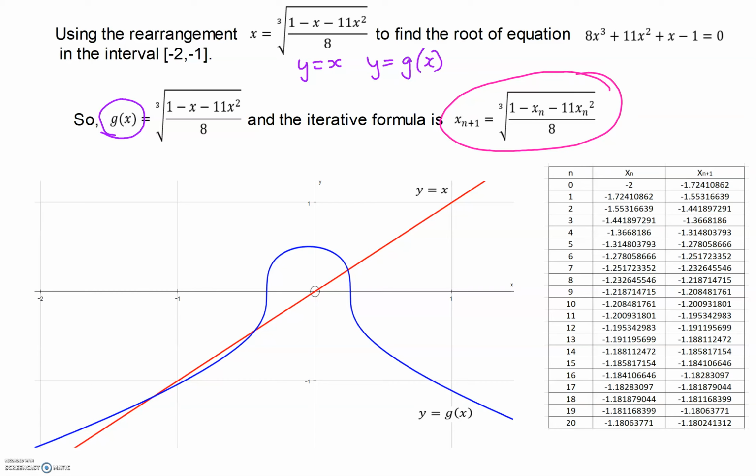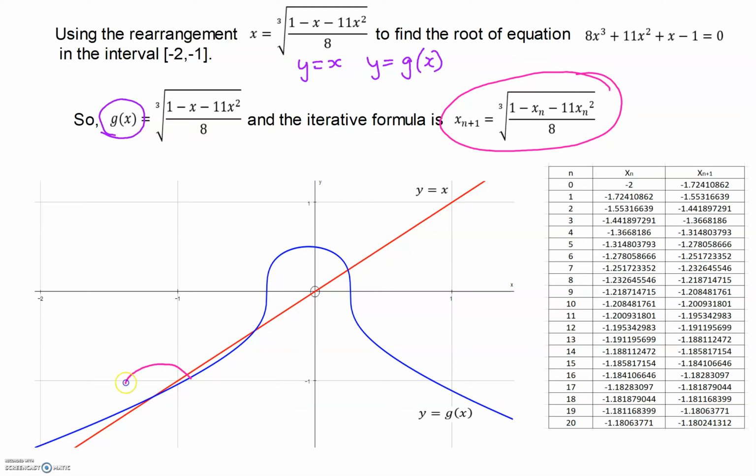We discussed before the importance of the gradient of the curve y equals g of x, and that gradient needs to be between -1 and 1 if the fixed point iteration is going to work. The previous iterative formula we used didn't work in the interval -2, -1.